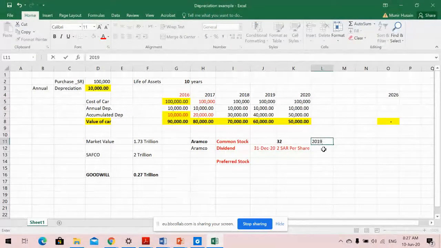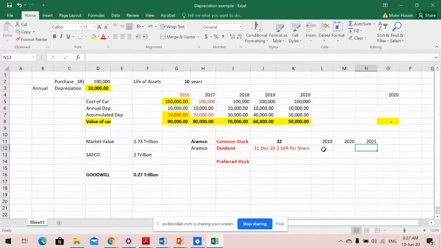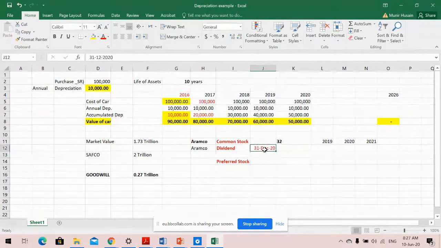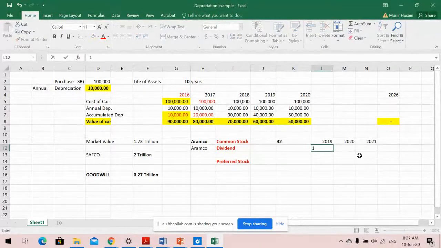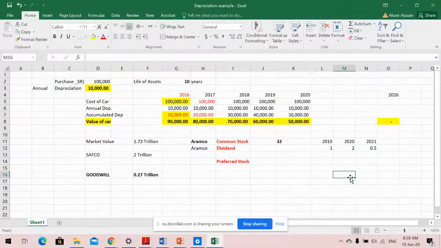Let's say the dividend is 1 real here. In 2020, they gave 2 reals. In 2021, maybe their profit was not high. They gave half a riyal, as an example, right?